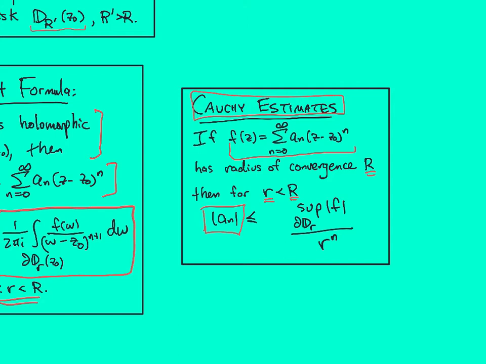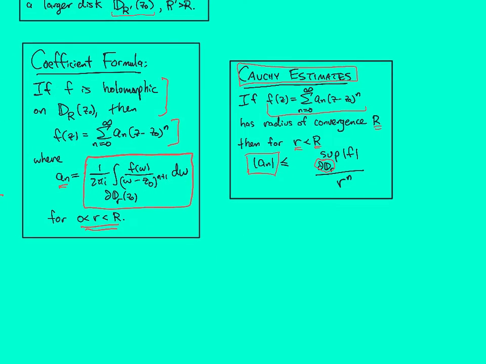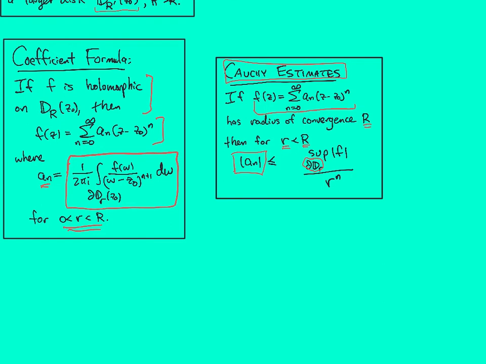So I can bound it by the supremum of f on the circle of radius r, divided by r to the n. That just comes from the coefficient formulas, because I do an is less than or equal to, let's see, I have a 1 over 2 pi i in front, so I'll turn that into 1 over 2 pi. I can bound this like so.